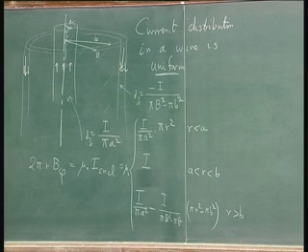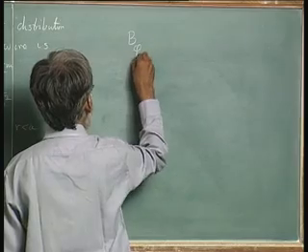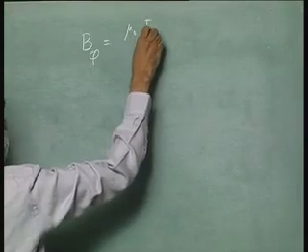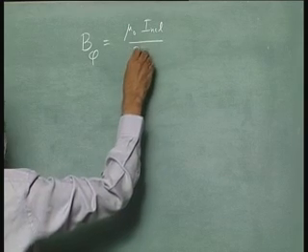If I solve this, what do I get? I get the magnetic field B phi is equal to mu naught I enclosed divided by 2 pi r.